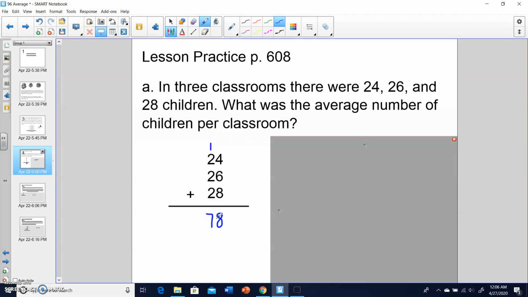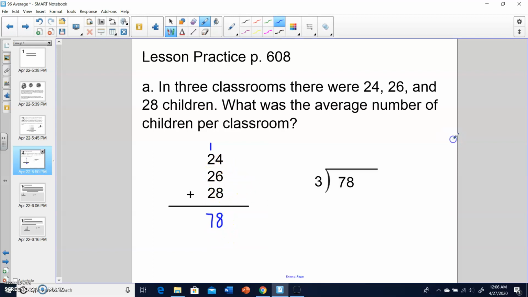But how do I know what I divide by? Well, then I can count. How many numbers did I add together? 1, 2, 3. So I'm going to take 78 and divide it by 3. Okay, so 78 divided by 3. 3 goes into 7 2 times, and 2 times 3 is 6. Okay, my next step is to subtract, so 7 minus 6 is 1, and then bring down the 8.